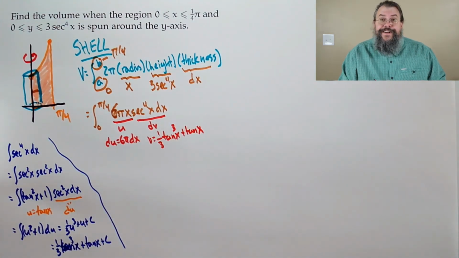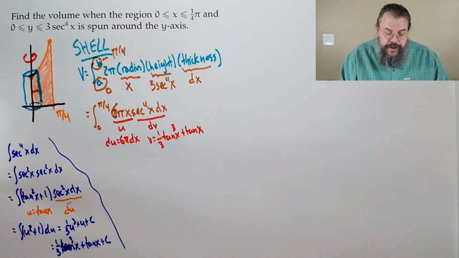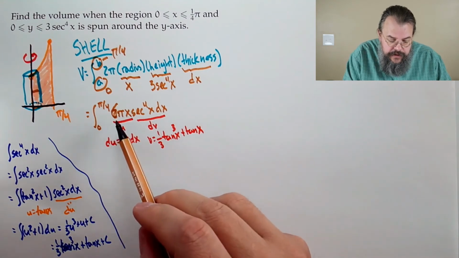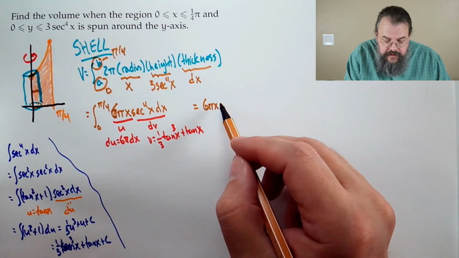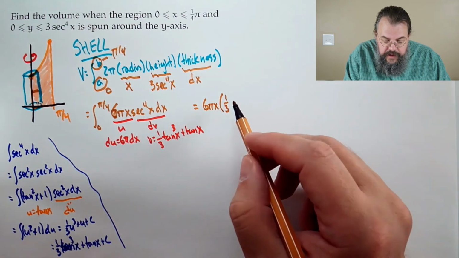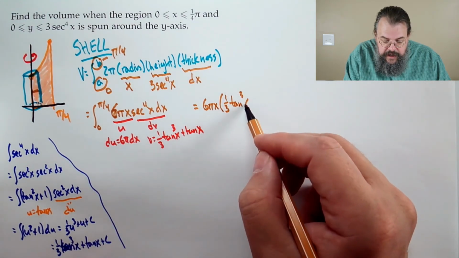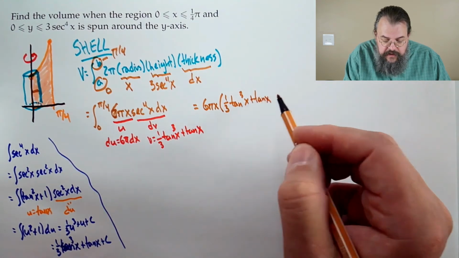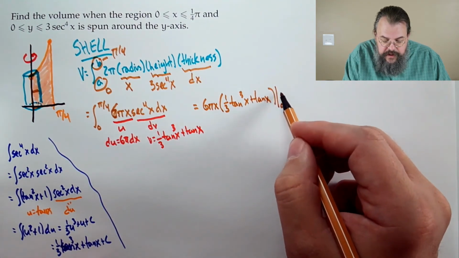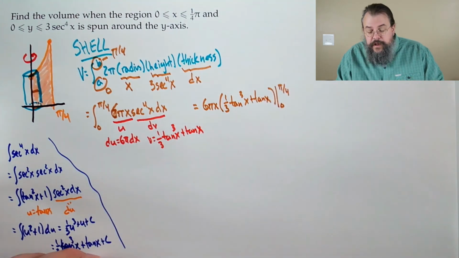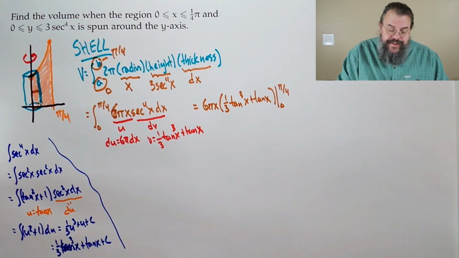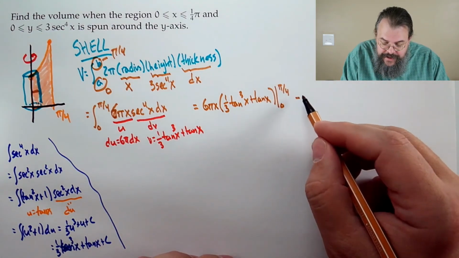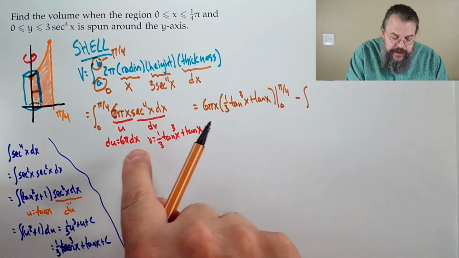Okay, great. So now we carry out our integration by parts. We're going to have u times v. So we're going to get 6 pi times x times 1/3 tangent cubed x plus tangent x, going from 0 to pi over 4. And we'll clean that up in just a moment. Minus the integral of v du.